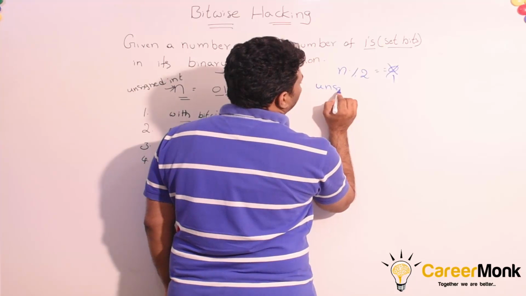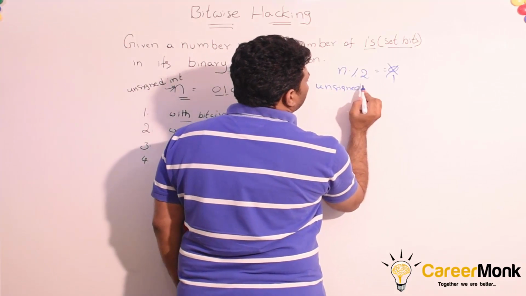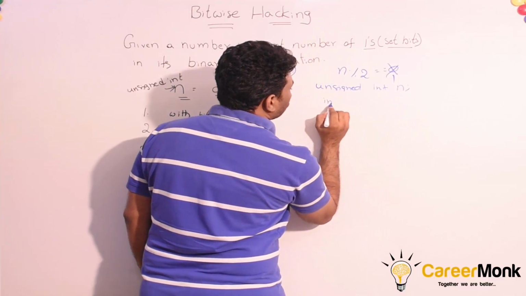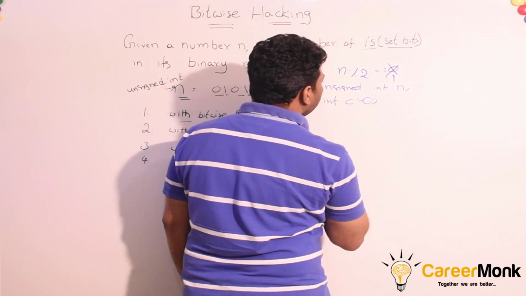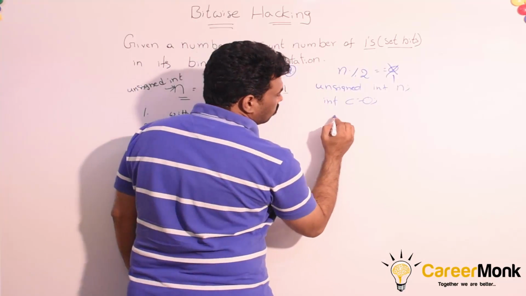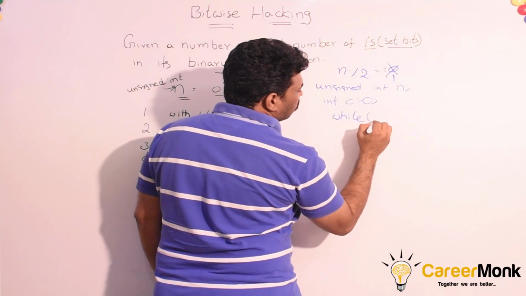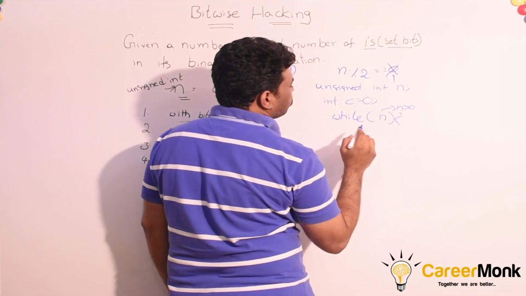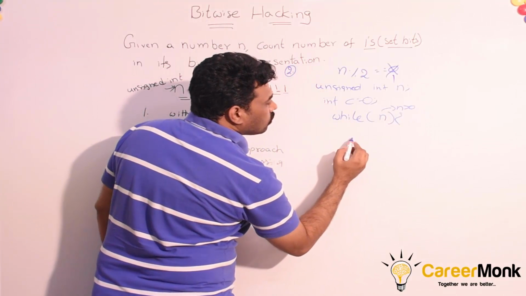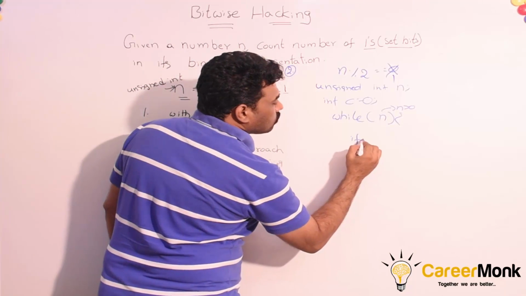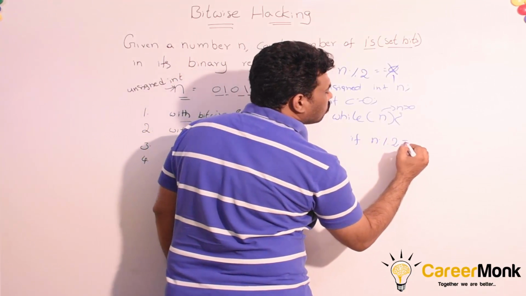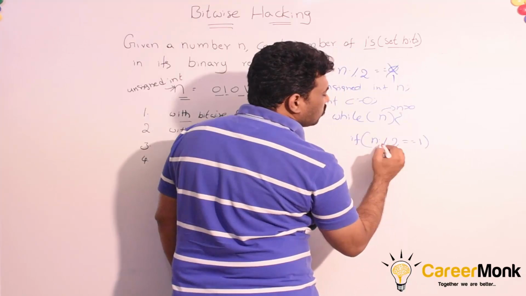Again, since we assumed the given number is unsigned, and another counter c initialized with 0, while n, again you can put it this way as well. That means we have seen 1.